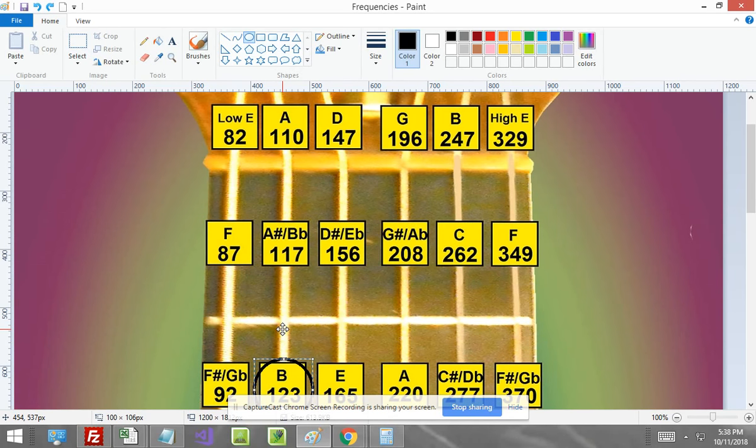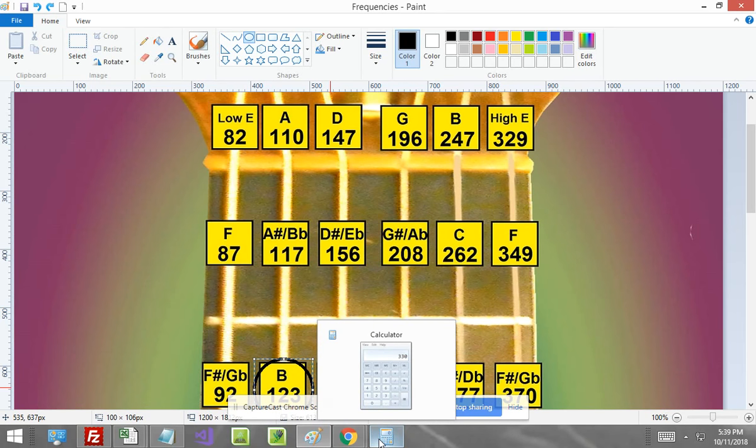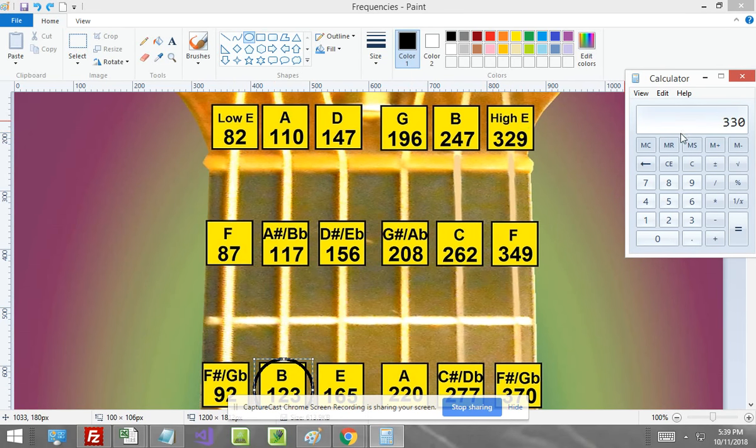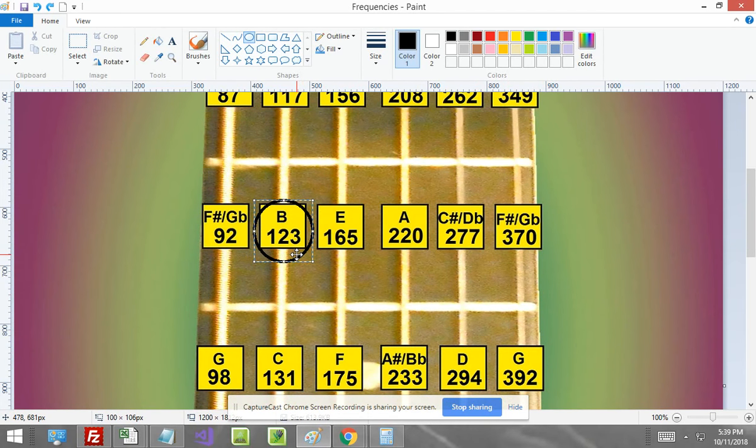But let's check this out. We have 82 times 2 equals 165. The exact midpoint between these two. Let's do that mathematically. 82 divided by 2 is 41, and add it to 82. 41 plus 82. Voila, 123.